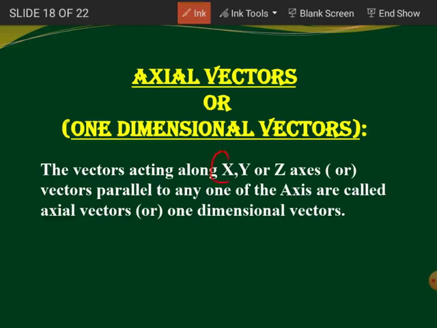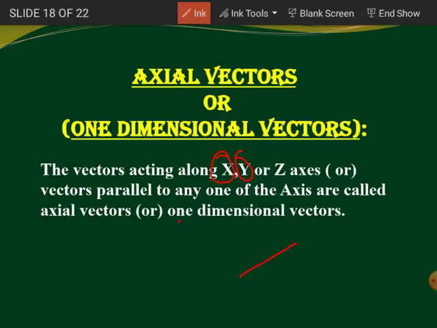Not only the x-axis or y-axis, it may be in any direction, not in a particular defined direction, rather it may be like this also. Got it? If it is along a particular direction, then we call it an axis vector or axial vector, that means in one fixed direction.